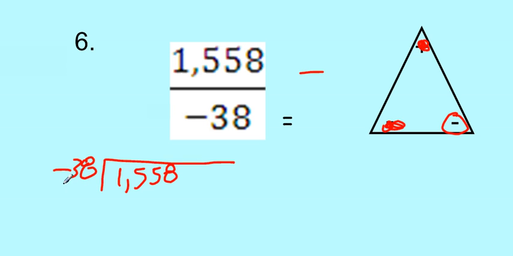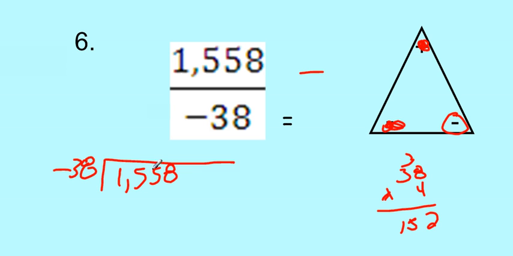Then we're going to see 38 goes into 15, can't, 155. Well, let's do the math. 38, and we want to see how many times it goes into 155. So let's try 4. 4 times 8 is 32. Carry our 3. 4 times 3 is 12, and 3 is 15. So 152.